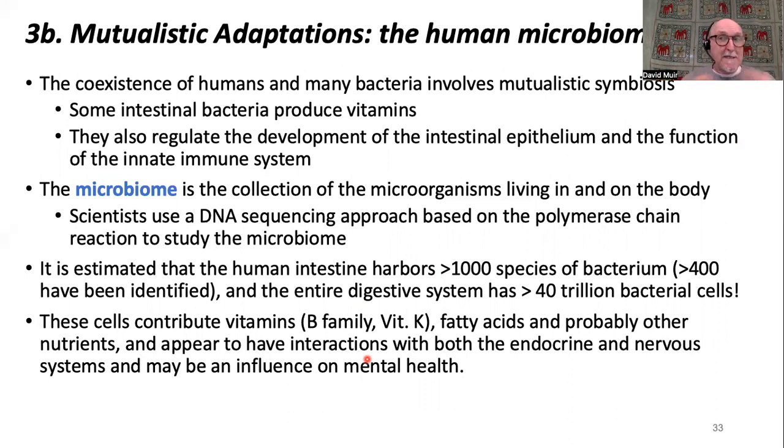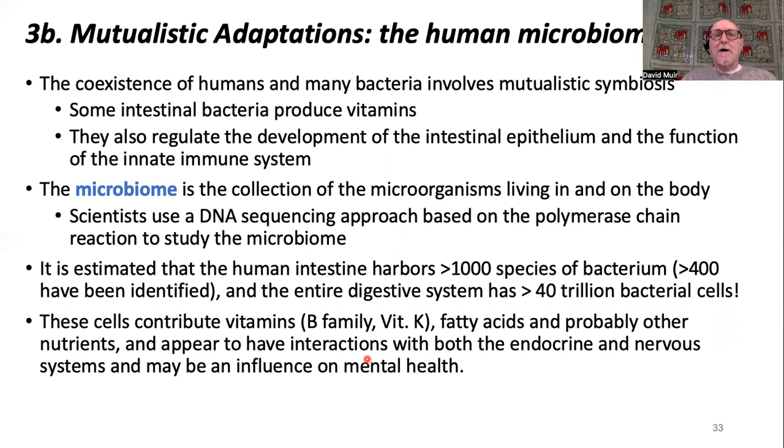We have more bacterial cells in our gut than we have cells in the rest of our body. And these, I've already told you, contribute very important essential vitamins, the whole B family, for example, and vitamin K. They also provide fatty acids and probably other nutrients as well that we don't even know about.